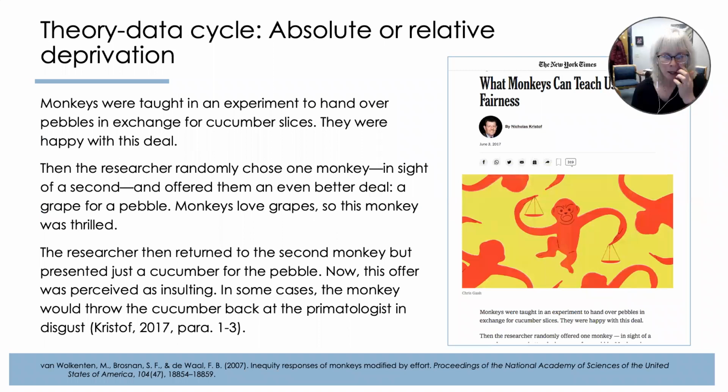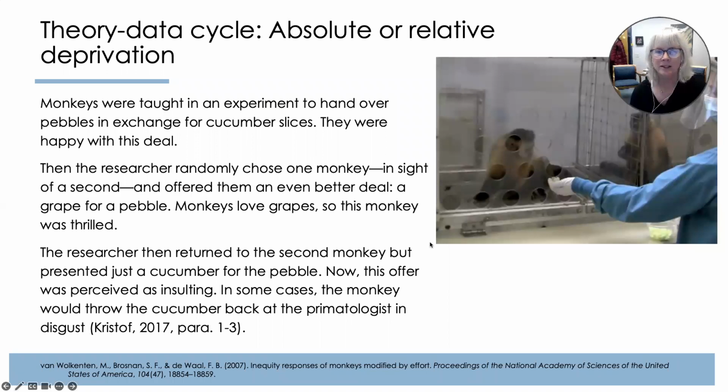So this is from an article by Nicholas Kristof summarizing Van Wolkenton's research. And I have a video posted of just describing this, or an excerpt showing this. So Kristof says monkeys were taught in an experiment to hand over pebbles in exchange for cucumber slices.